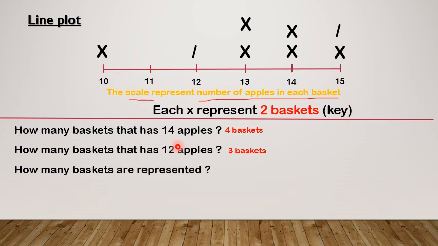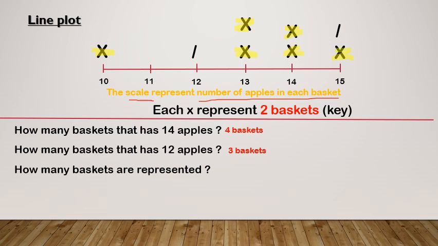Okay. How many baskets are represented in all? So I want to know how many baskets I have in all. So I will count all the x's. But don't forget that each x represents 2. So I will count by 2: 2, 4, 6, 8, 10, 12.